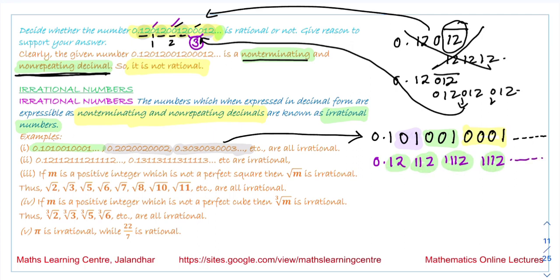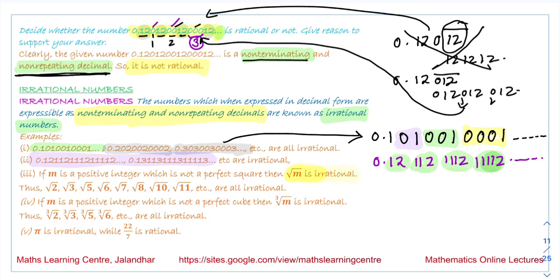All these blocks are different. So this is a non-terminating and non-repeating representation. It means both these numbers are irrational numbers.